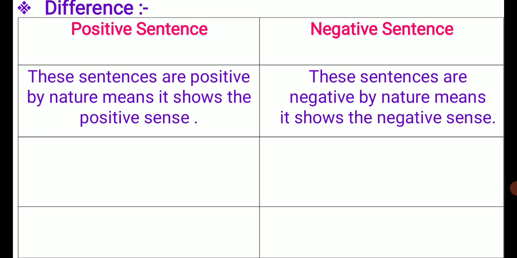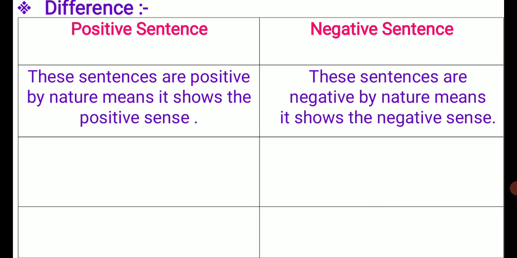And what is a negative sentence? Negative sentences are negative by nature, which means they show a negative sense in the sentence. It means that if you oppose a claim, whatever claim is there, you have to reflect it.